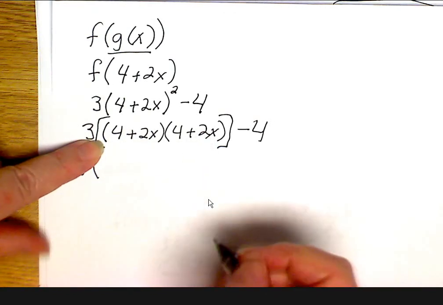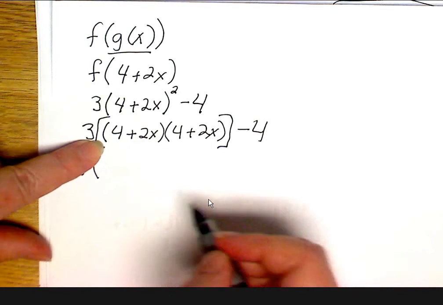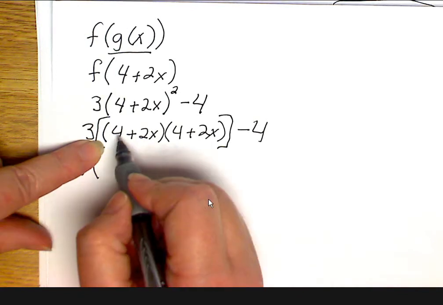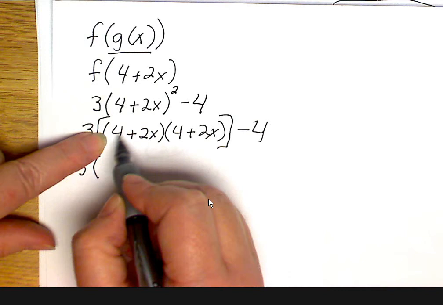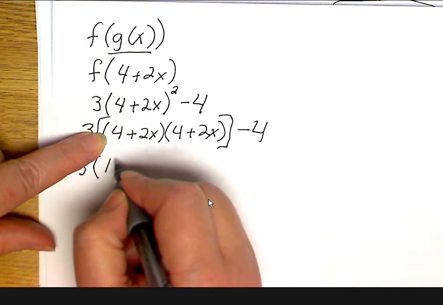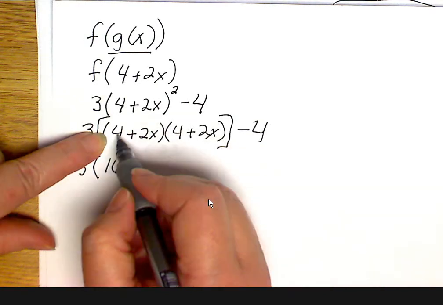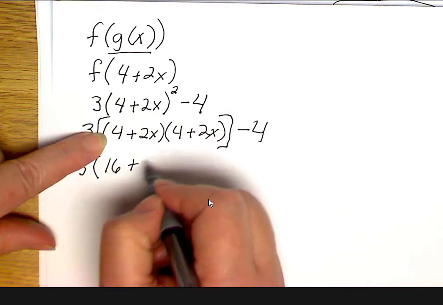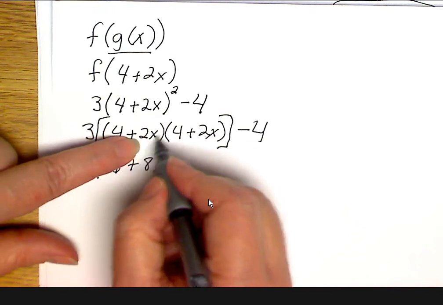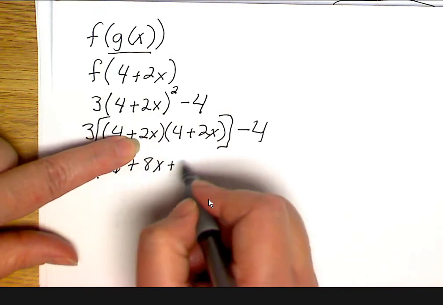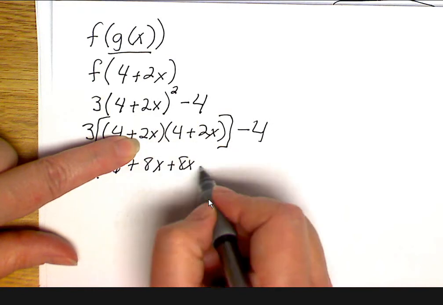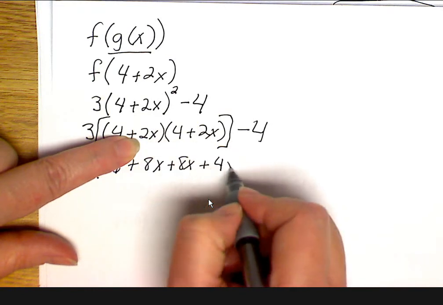How do I multiply two binomials? So I take the 4 times 4, like FOIL. So 4 times 4 is 16. 4 times 2x is 8x. 2x times 4 is 8x. 2x times 2x is 4x squared.